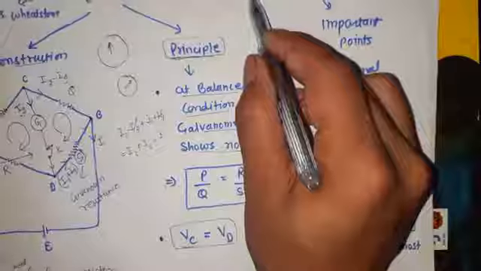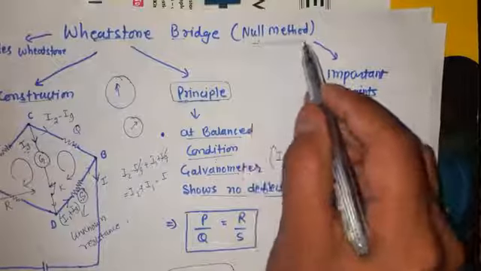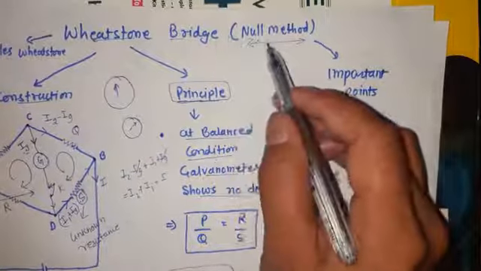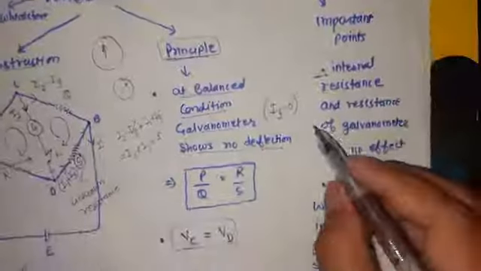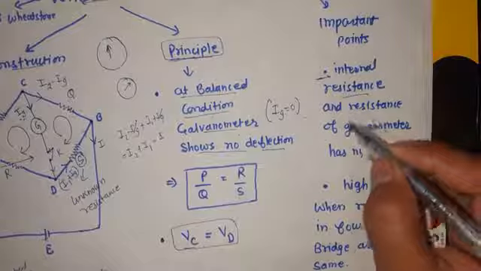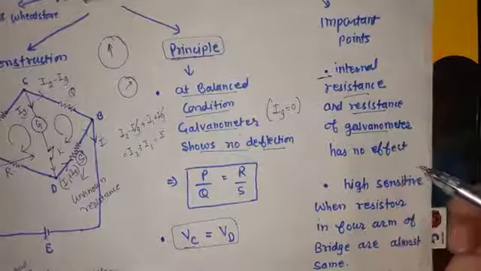Therefore we are going to call it a null method as well. Why is the Wheatstone bridge said to be a null method? Because it is not affected by the presence of the internal resistance of the cell and the resistance of the galvanometer.